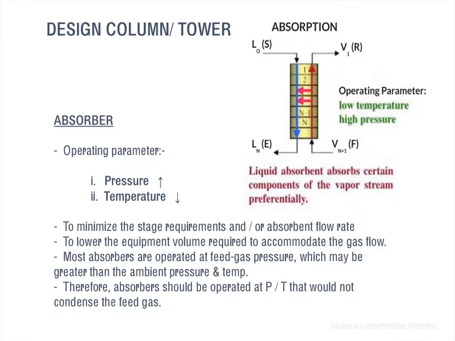Most absorbers are operated at feed gas pressure, sometimes greater than the ambient pressure and temperature. Therefore, absorbers should be operated at a pressure or temperature that would not condense the feed gas.